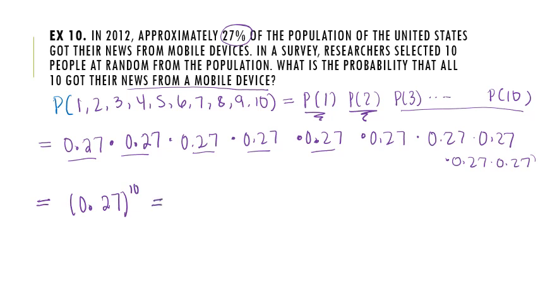And we're going to go ahead and do that on our calculator. So 0.27, raise that to the 10th power, and you're going to get a really, really small number. So you're going to get 0.00002059.